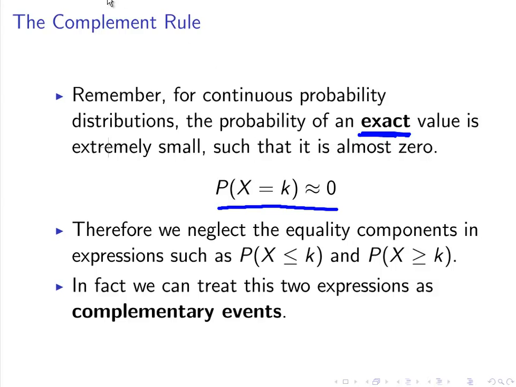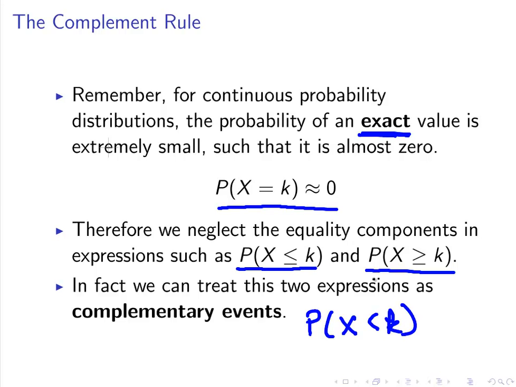So when we're looking at expressions such as this and this, we can neglect the equality component. Essentially, the probability of x less than or equal to k is interchangeable with the probability of x less than k, and vice versa for the other one.